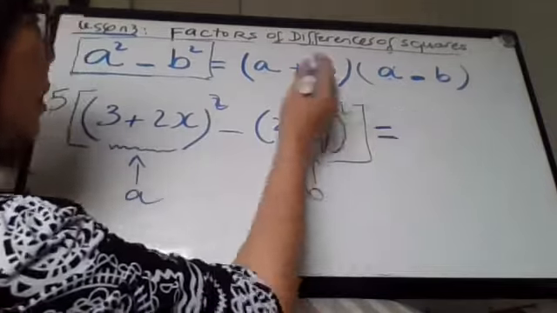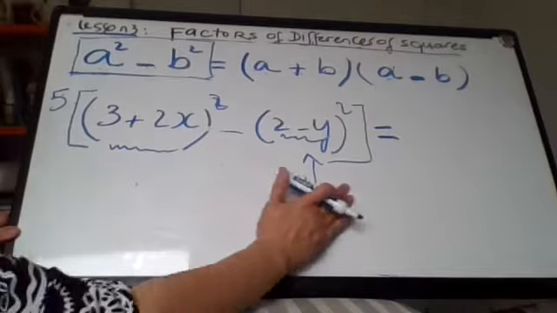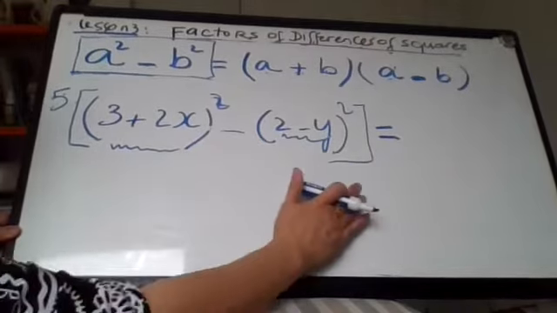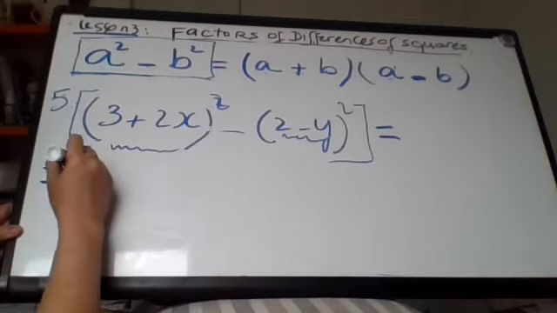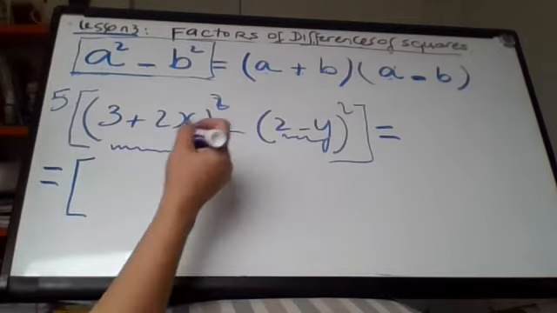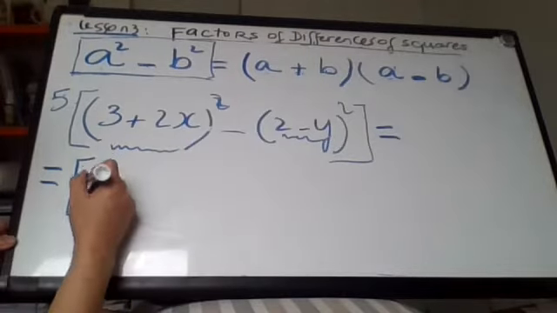So this is how you take a look at it. And again, this is the left side, we're going to factor it and make it the right hand side, okay? I need the room for it. So we're going to break this expression into the right hand side, a plus b. What is our a?